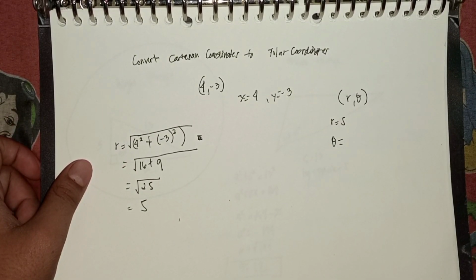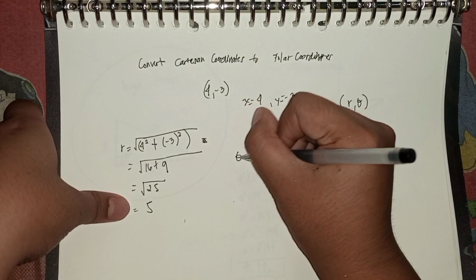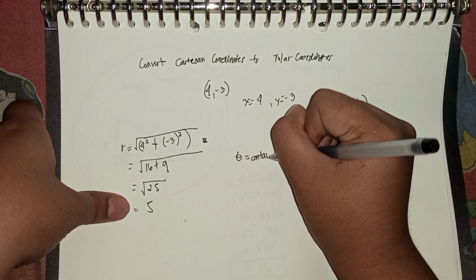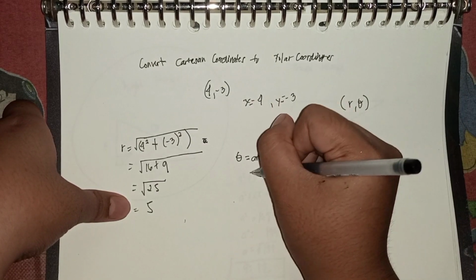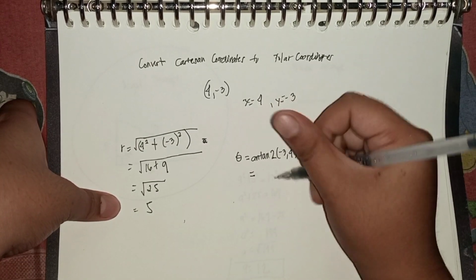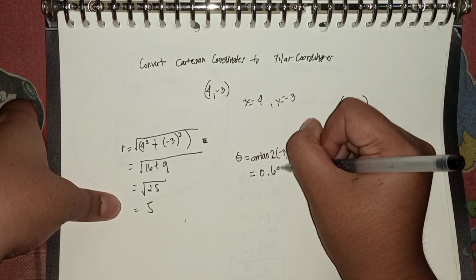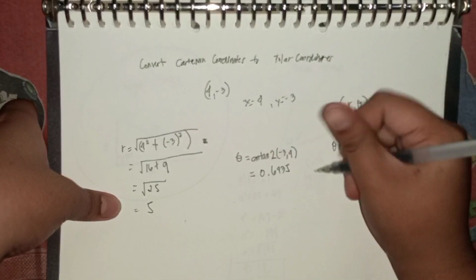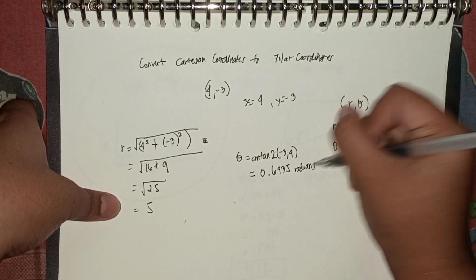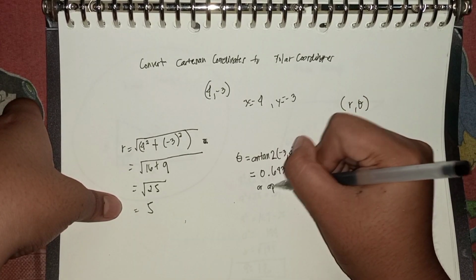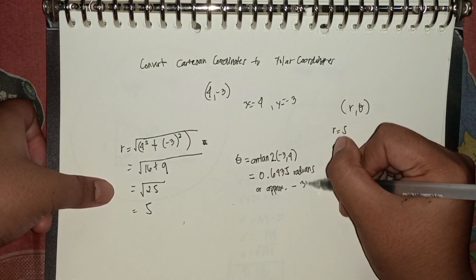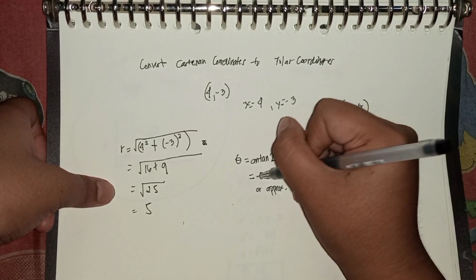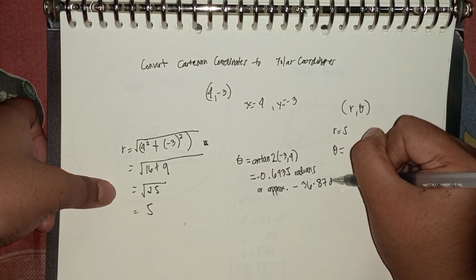We can use the formula theta equals tan inverse of -3 over 4, which is equal to -0.6435 in a calculator, in radians, or approximately negative 36.87 degrees.